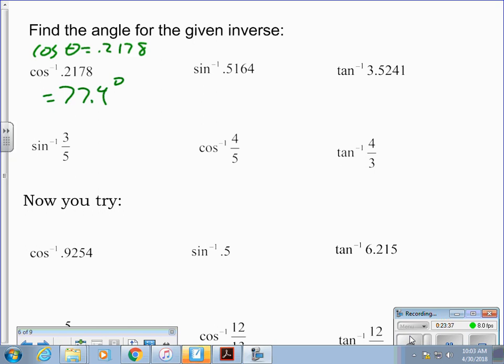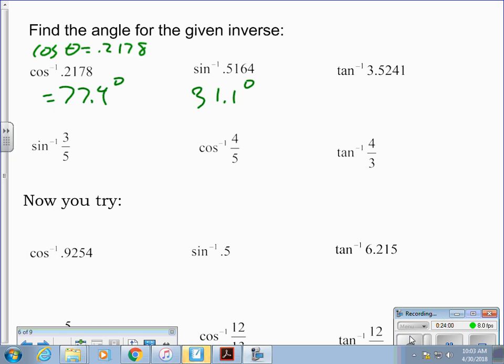So if I want to do the inverse sine, same thing. Shift inverse sine, 0.5164. And I have a 31.1 degree angle. Usually round off with angles to 1 decimal place. Trig functions to 4, angles to 1.